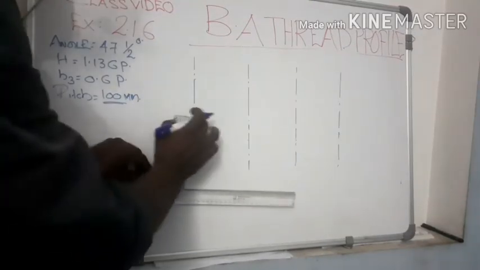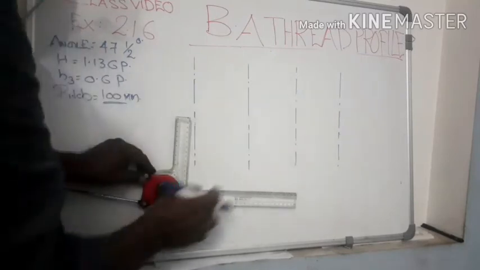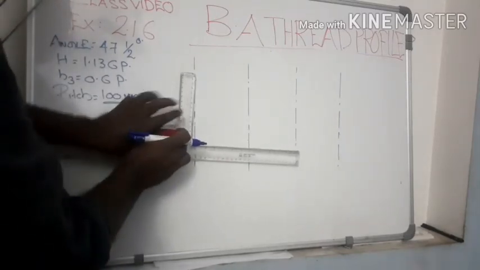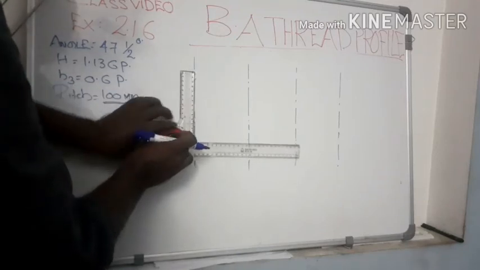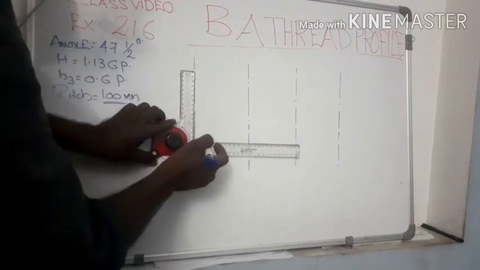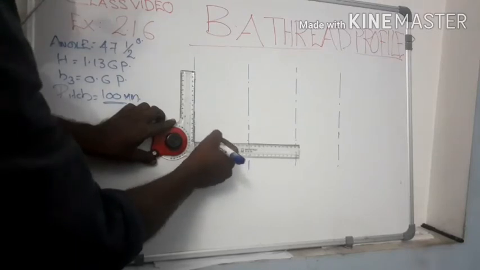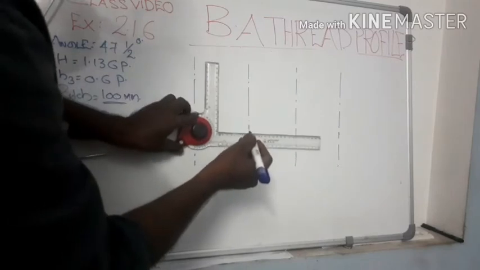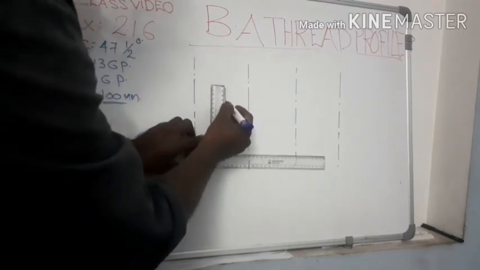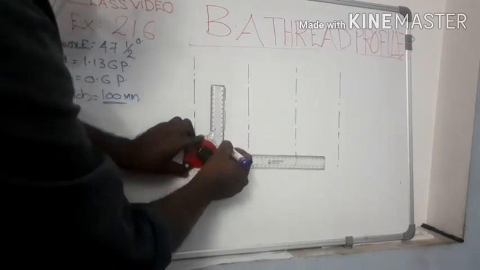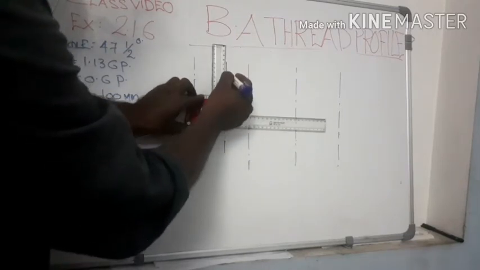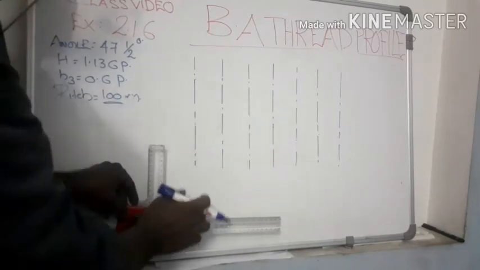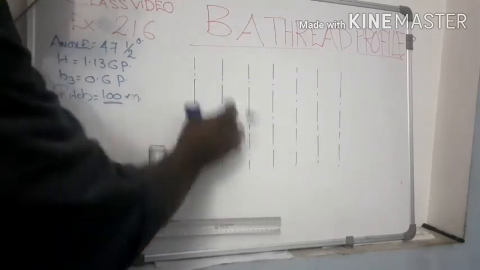Now we have to complete 4 more vertical center lines. Now draw another 4 more vertical lines, keeping 50 mm distance, that means 50 mm from the first. We have to draw another 4 more vertical lines, 50 mm apart. Now we have to complete 7 more vertical lines keeping 50 mm distance.